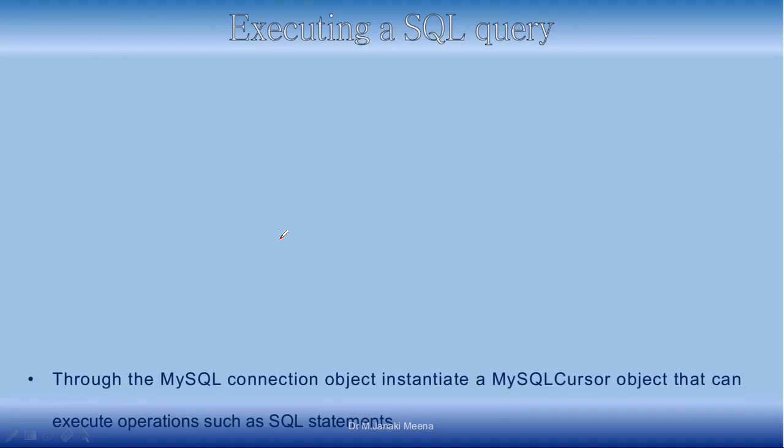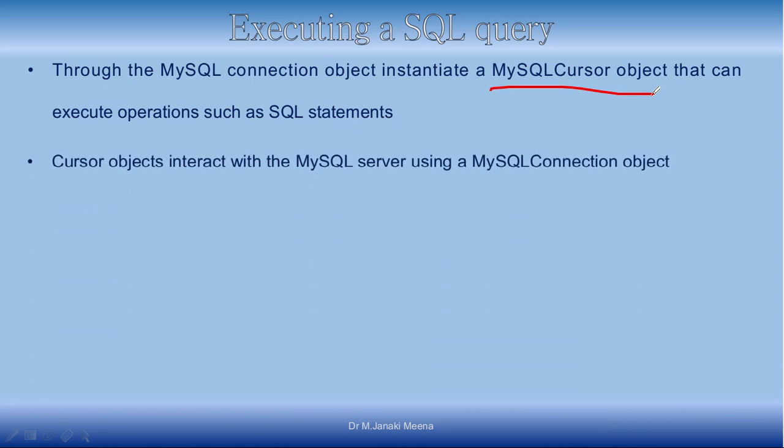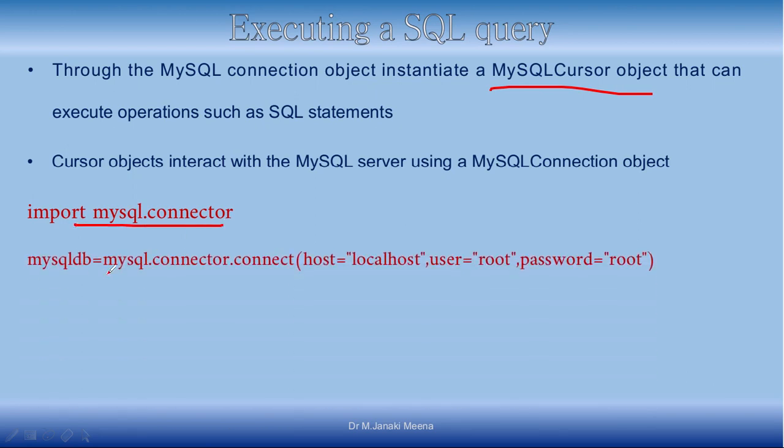Next is how we can execute a query. For that we need something called a MySQL cursor object, through which we can execute the query. You can get the cursor object from the MySQL connection object. Look at the code: first, import the connector and then establish the connection. When you establish the connection, you get the MySQL connection object, and using the connection object you can get the MySQL cursor object.